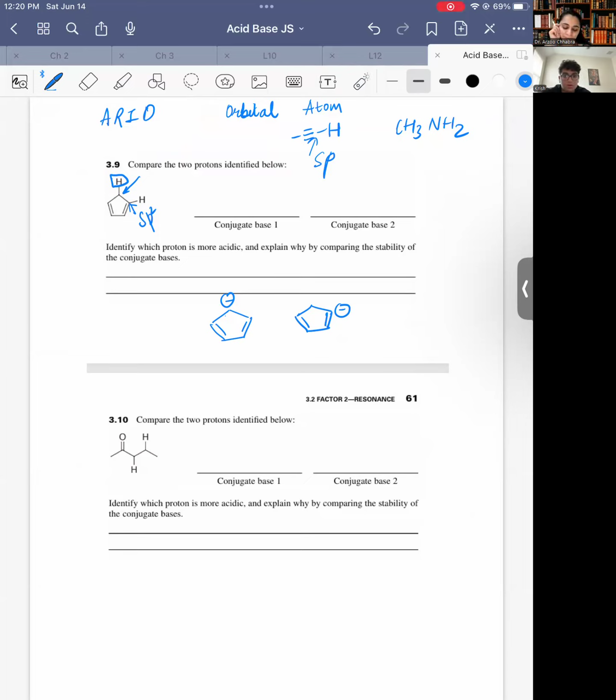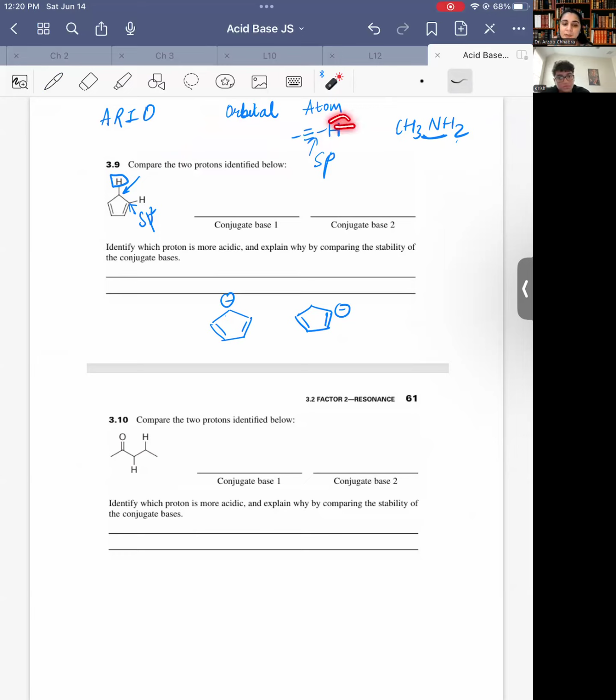So you've got that sp hybridized carbon versus nitrogen, right? Even though nitrogen is more electronegative, this carbon over here is actually more stabilized, more hybridized.